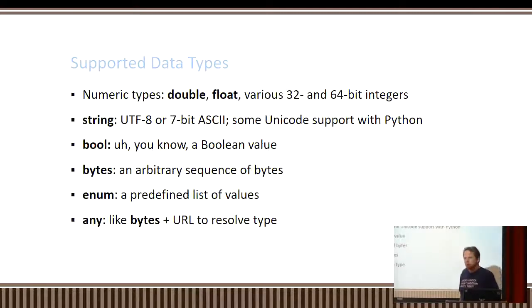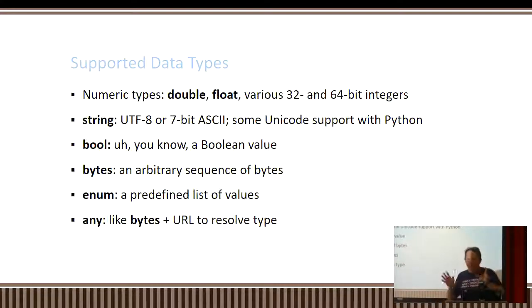Okay. So, as you might expect, any kind of data encoding language is going to have support for a lot of numeric types, so double, float. They've got a bunch of different 32 and 64-bit integer types, which I'll talk about a little bit more later, because there are important distinctions about those. String support, most languages UTF-8 only.